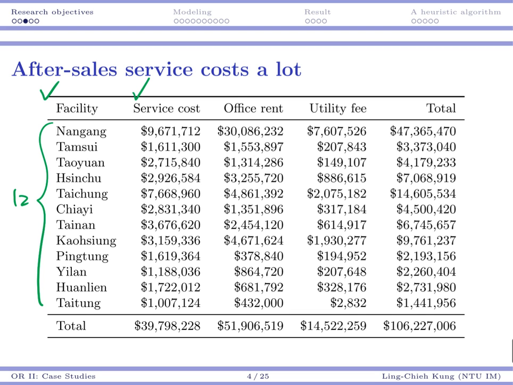Finally, there is a set of costs called service cost. So what's that? That's the cost you pay to send engineers back and forth between your location and the customer sites. For example, if you have a facility here, and then there are all kinds of customers around you. If today one machine is broken, you have someone go there and then go back.